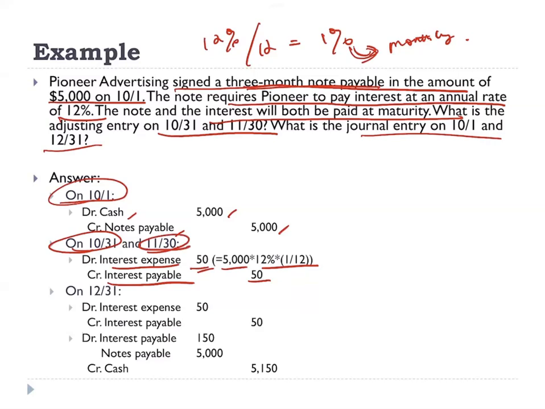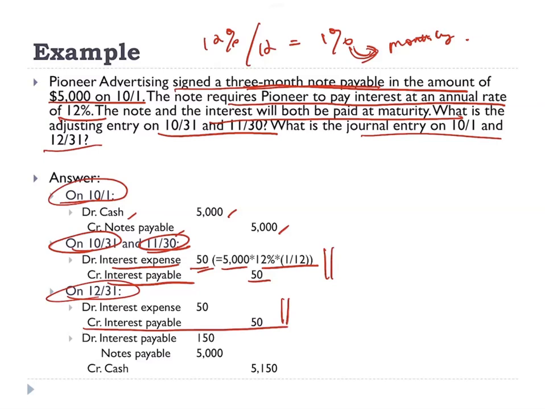And then next month, the firm has used this 5,000 again for 1 month. So at the end of November, the firm needs to make the same journal entry again. On December 31st, this is when the firm has, first of all, used this $5,000 for another month. So we're going to make the same journal entry again.